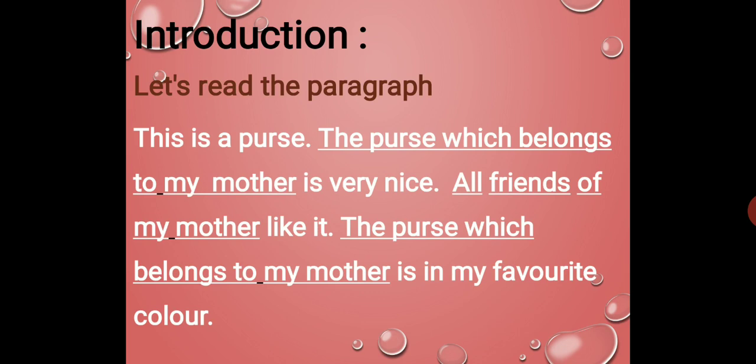Here, some sets of words are difficult to understand when we write or read them. And what are the words? The purse which belongs to my mother, and the second is all friends of my mother.